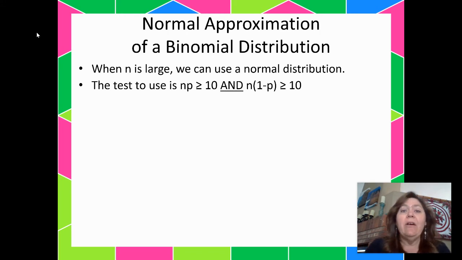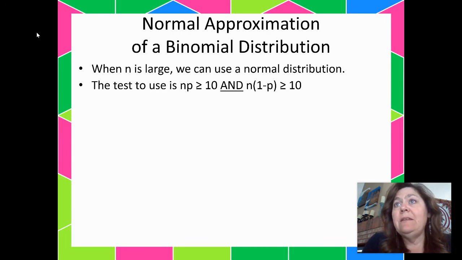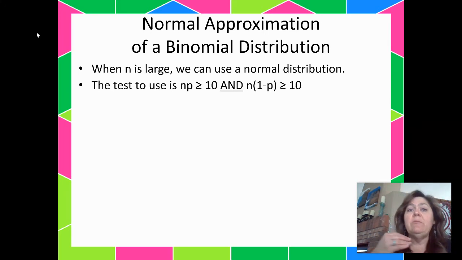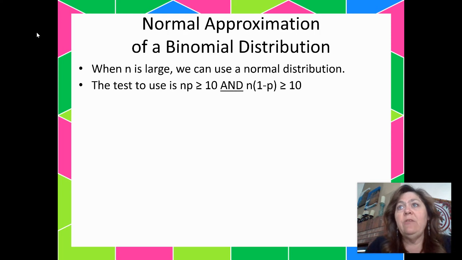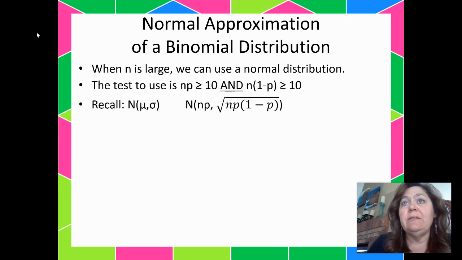But I cannot use the normal approximation unless I check these two conditions. Please jot these down. You must do these: n times p and n times 1 minus p. So if the probability is 30%, 1 minus p is 70%, right? You multiply those together, and both must be greater than or equal to 10 in order to use the normal approximation.